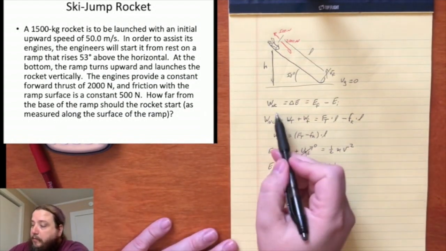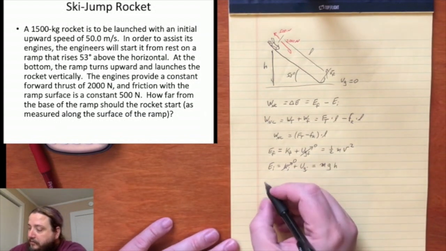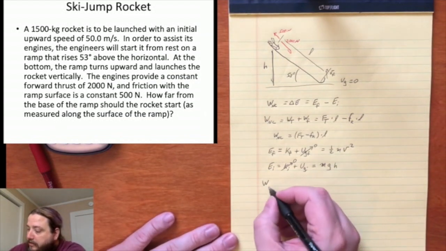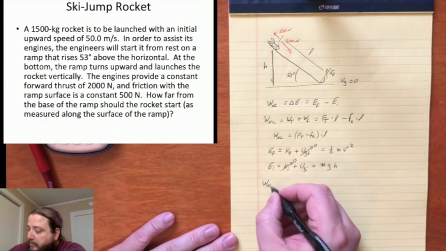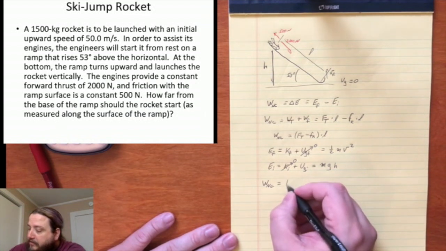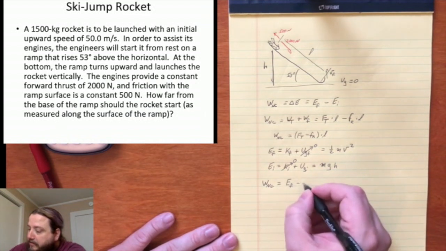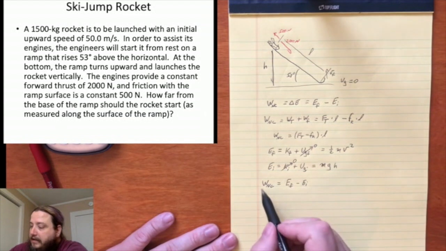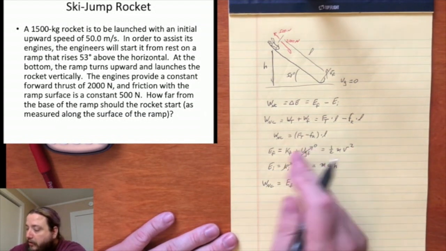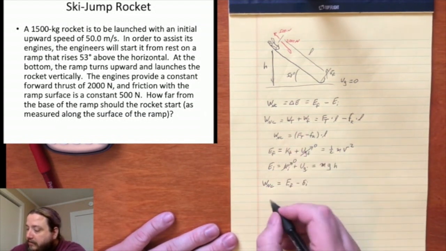So if we could go back to the work energy equation, which says that work by the non-conservative forces is the final energy minus the initial energy. And we replace all these terms with the expansions that we found here.